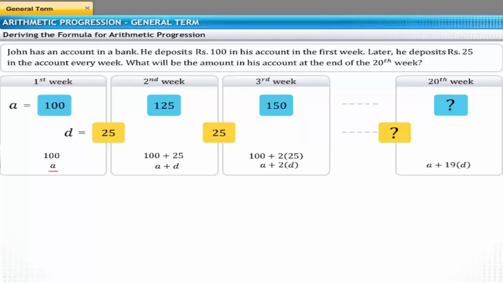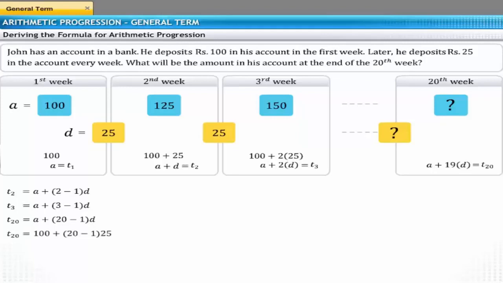If you denote the first term, A, as T1, the second term, A plus D, as T2, the third term, A plus 2D, as T3, and so on, then you get T2 equals A plus (2 minus 1) multiplied by D, and T3 equals A plus (3 minus 1) multiplied by D. You can generalize this to get the 20th term, which is A plus (20 minus 1) multiplied by D.